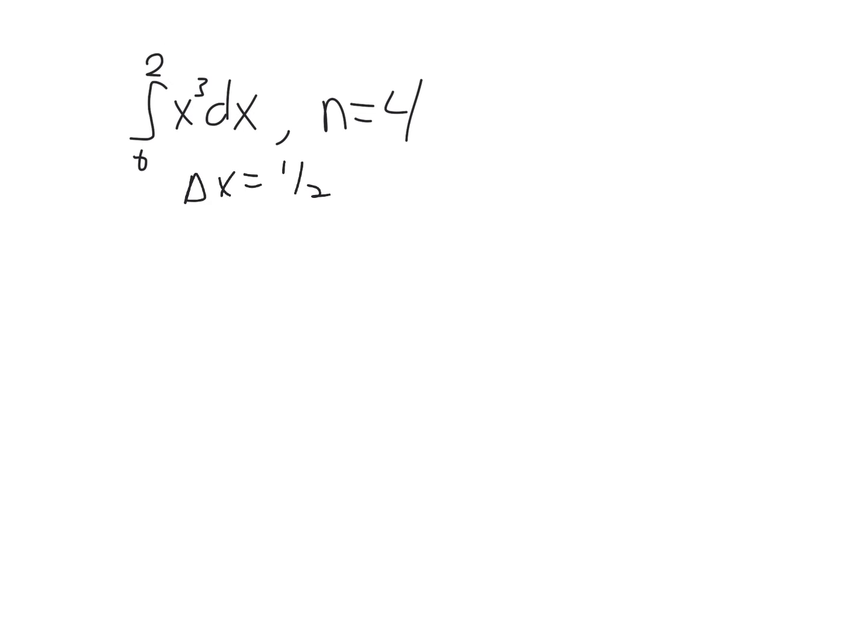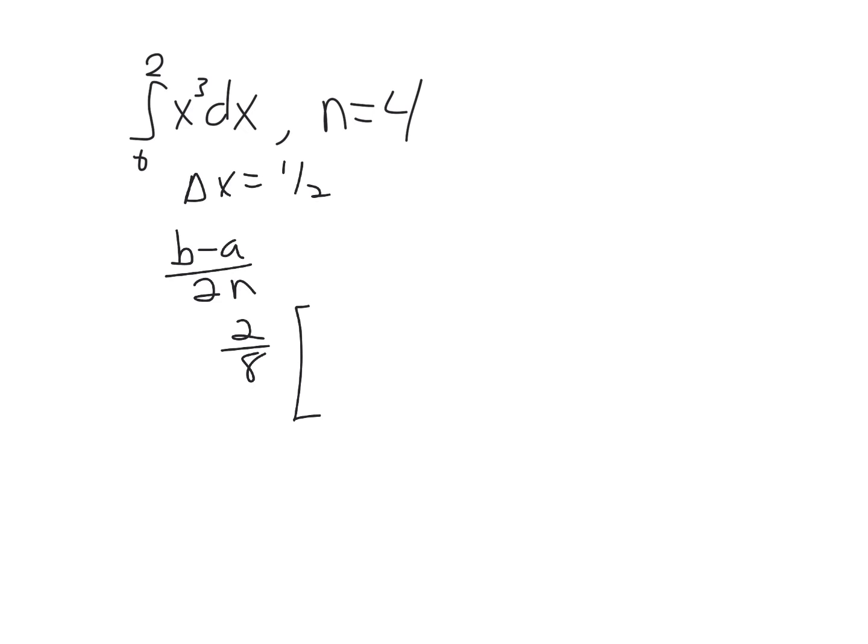Now I'm going to write this part, but you don't have to write this part unless you want to take thorough notes so you understand it later, which might be a good move. So remember our formula says b minus a over 2n, right? I said n is 4 and b is 2 and a is 0. So it would be 2 over 8 for the first part of the equation.